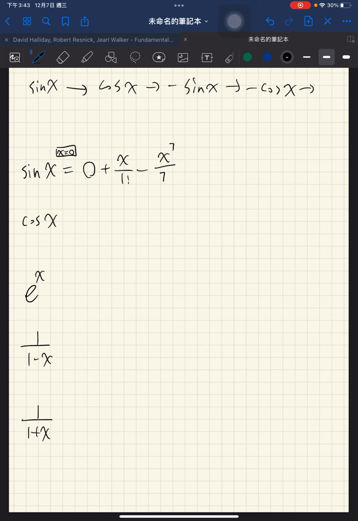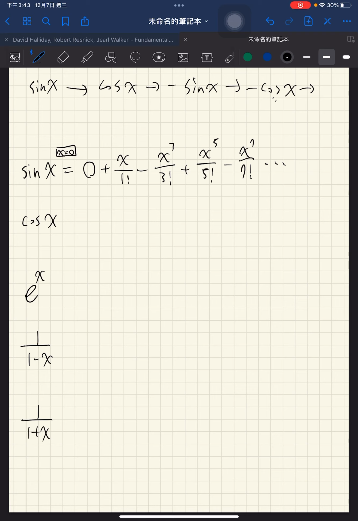So we'll get this, and back to 1 here. Okay, that's our Taylor series for sine of x.